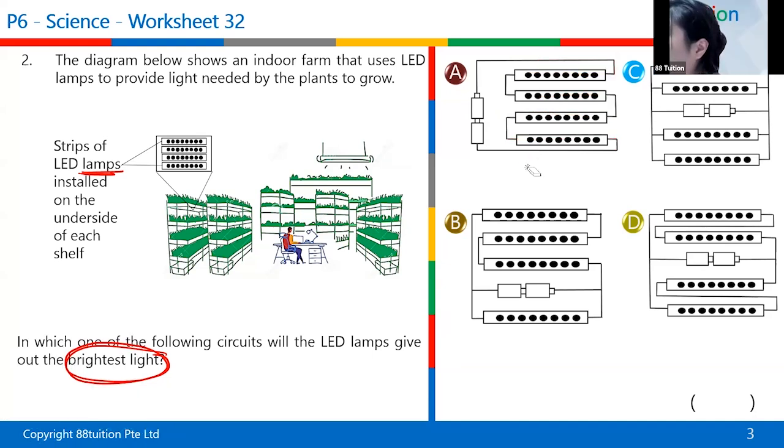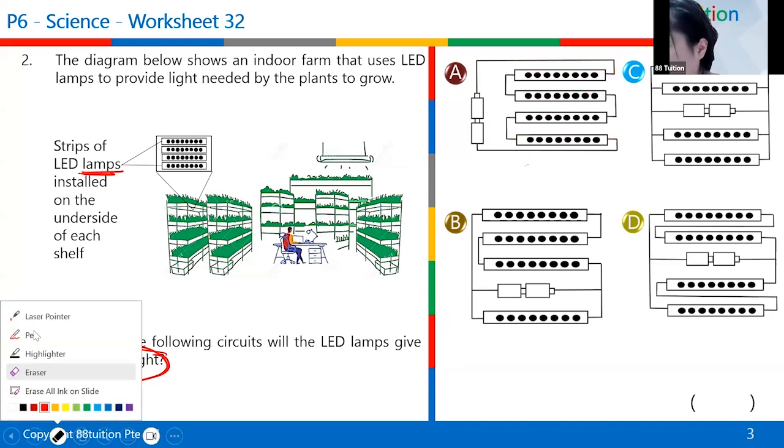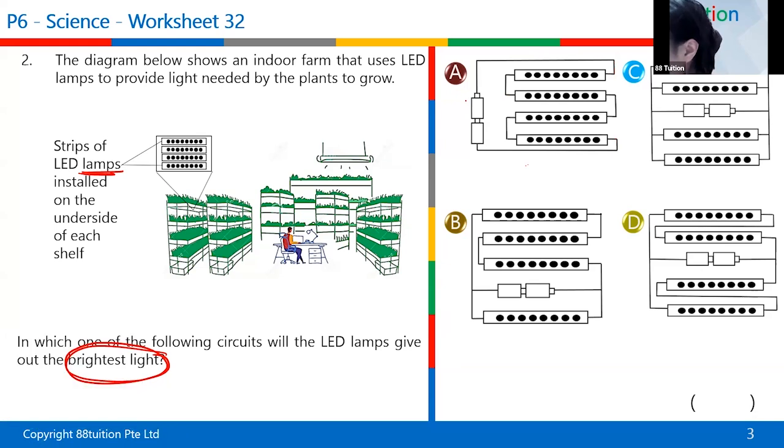So let's look at how much electricity flows through each of the lamps. Let's assume that each battery has 2 units of electricity. So altogether, Javen, how many units? I said each battery has 2 units of electricity. So altogether, the batteries have how many units of electricity? 4.